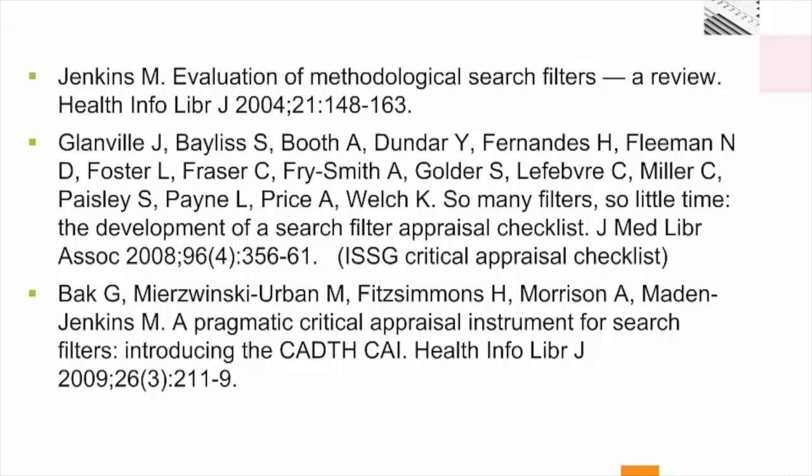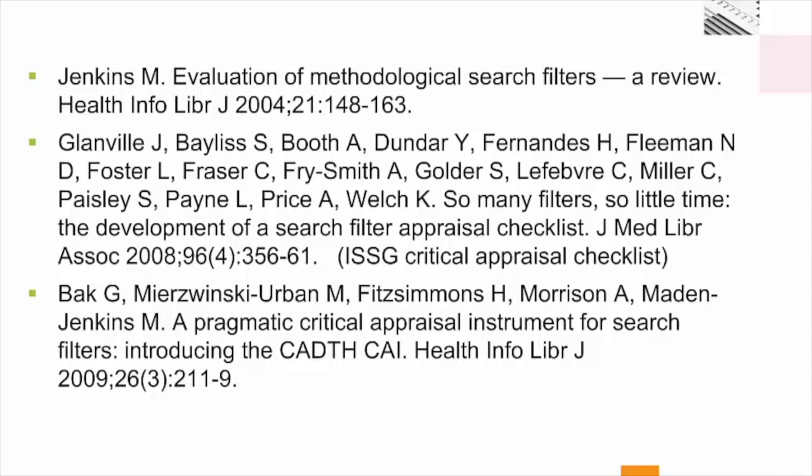If you don't find a performance review, then these are some of the checklists that are available for helping you to read and appreciate and critically appraise published search filters. So the first publication is by Michelle Jenkins and was, I guess, an early schema, an early attempt to think about what the important issues are in strategy design.